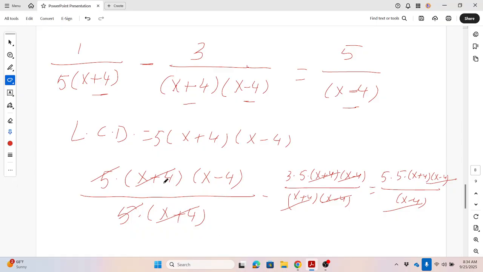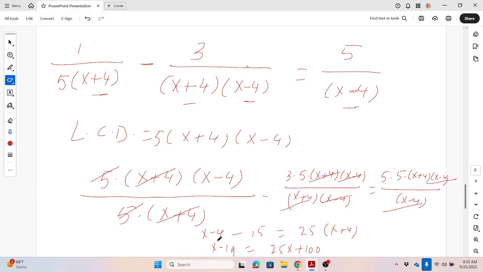Okay, so now from the first term you have x minus 4 left over. From the second one, this is 3 times 5 is 15, and from the right side it's 25 times x plus 4. So keep going. It's x minus 19 equal, distribute the 25, it's 25x plus 100.